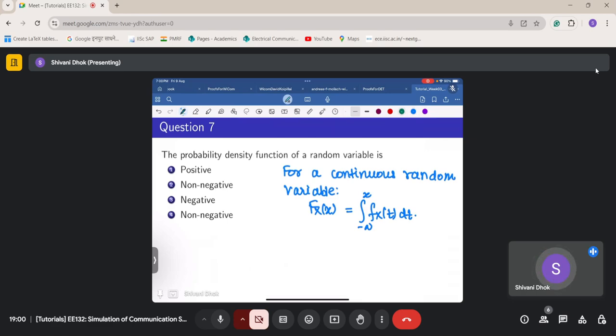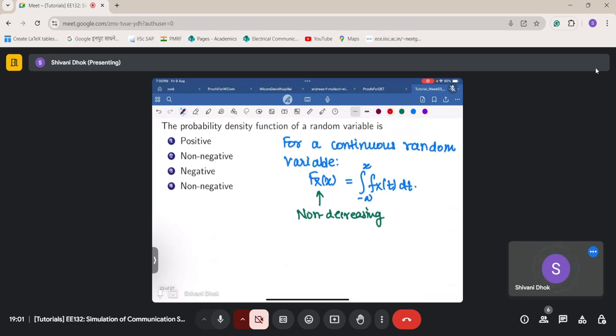And the CDF, by the monotonicity property, is non-decreasing. What does non-decreasing mean? It can increase or remain constant but cannot decrease.